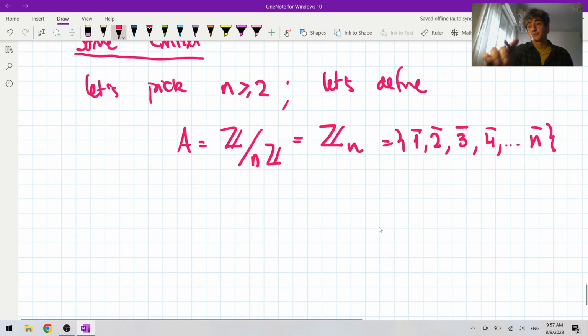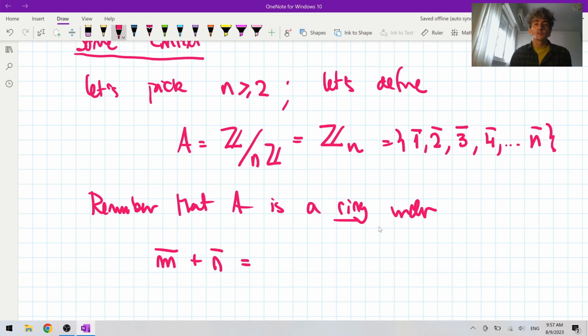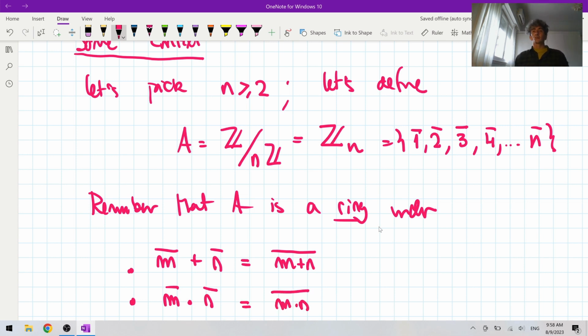Remember that A is a ring under equivalence class addition or remainder addition. The class of m plus the class of n equals the class of the sum, and also the class of m times the class of n equals the class of m times n. Okay, so this is a ring under these two operations.